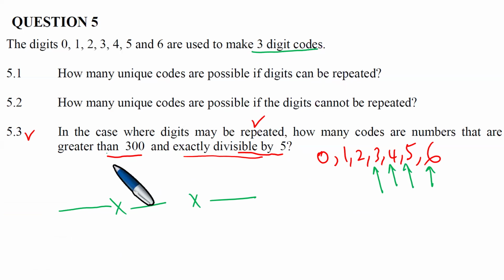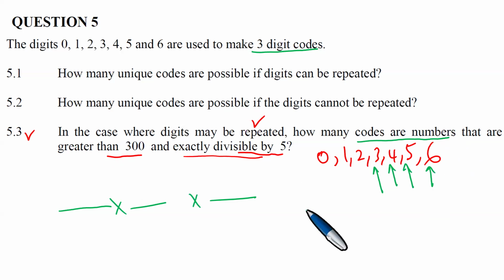But with the 3-digit codes, in the case where digits may be repeated, how many codes are numbers? The codes that have to be numbers. Now, not all codes are numbers in the true sense of it. But here, the examiner is clear that the digits can be repeated, but the codes are numbers that are greater than 300.